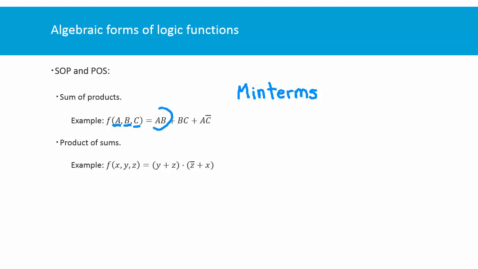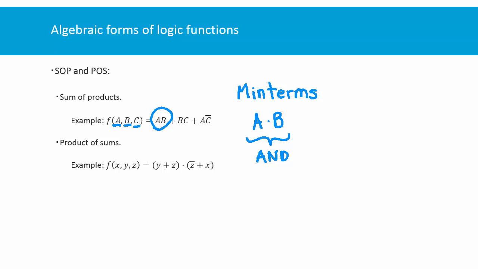The first AND term is a.b. So the question is, are all the variables, which in this case are a, b, and c, included inside this AND expression? And the answer, of course, is no. We are missing the c variable. Because of that, this expression is not considered a Minterm. This expression is considered a simple sum of products.